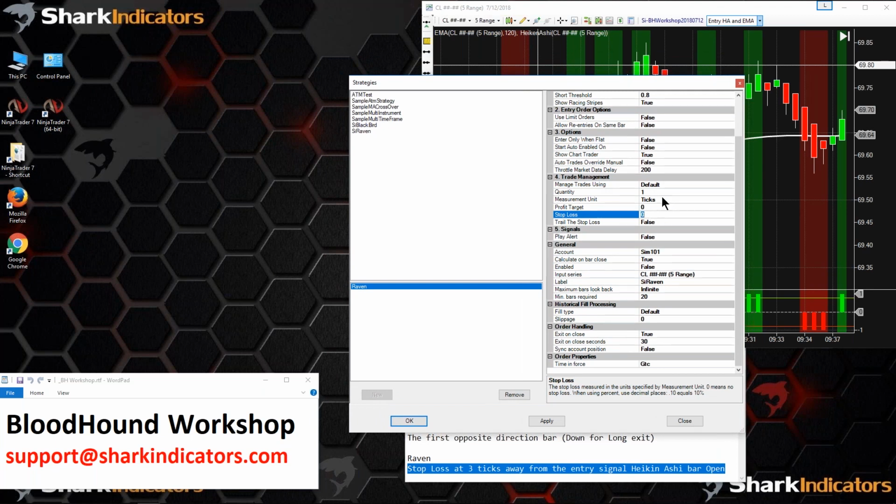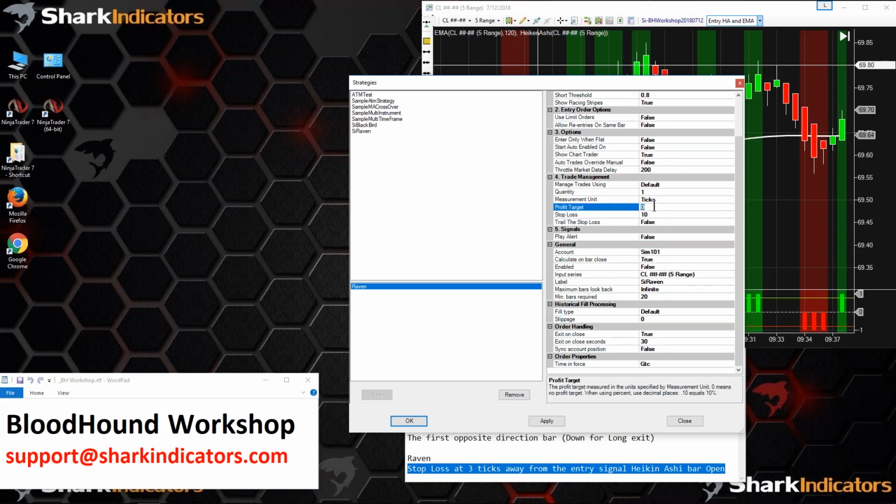So this input right now, the measurement unit is set to ticks. So if I want a stop loss of 10 ticks, I just put 10 in there. And what is that 10 ticks from? That's always from the entry price. So whatever the entry price that the order gets filled at, Raven just places a 10 tick stop loss from that entry price.